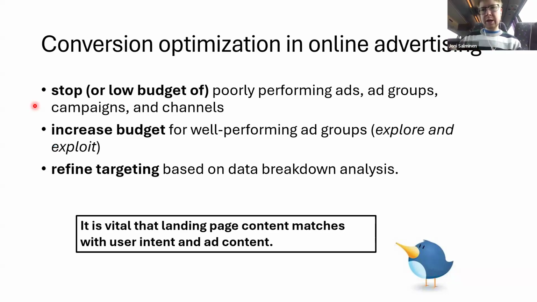So for those campaigns that tend to perform poorly, we can stop or decrease their budgets. And again, those that perform well, we try to scale up by increasing their budget if it's possible. It's not always possible, like I said, unfortunately.